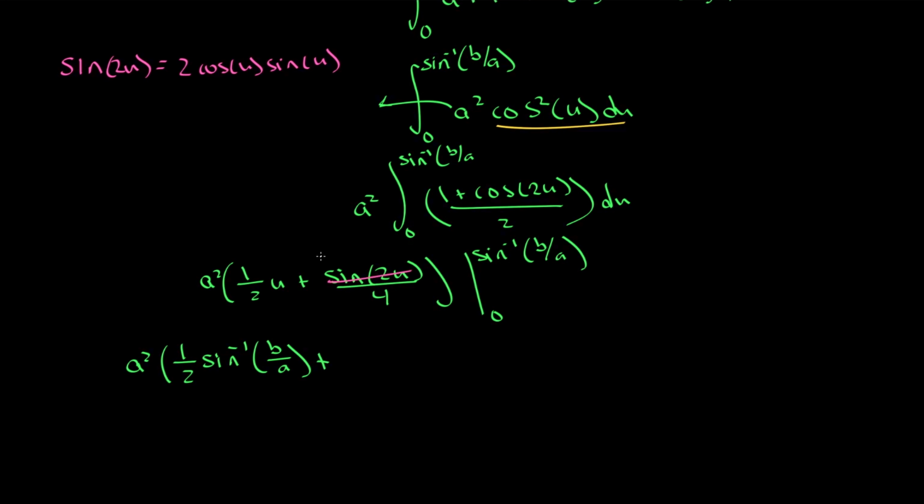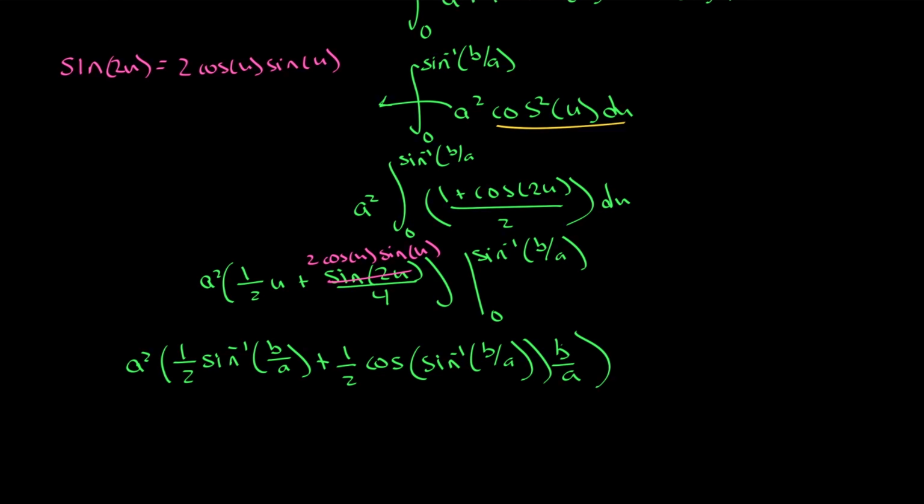This is going to now become 2 times cosine of u times sine of u. And now this right here, 2 over 4, that's going to go to 1/2. So we're going to have plus 1/2, and then cosine of the inverse sine now of b over a, and then we're multiplying that by sine of the inverse sine of b over a, which is just b over a. So this just becomes b over a right there.